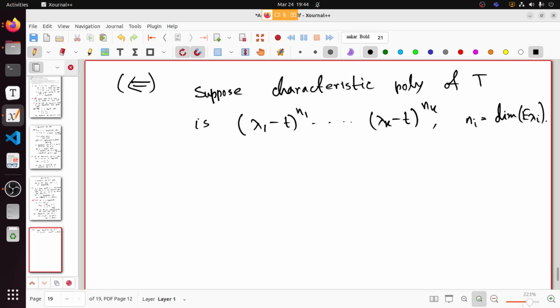Then we have to prove that T is diagonalizable. Also, we know lambda 1 up to lambda k are all distinct.